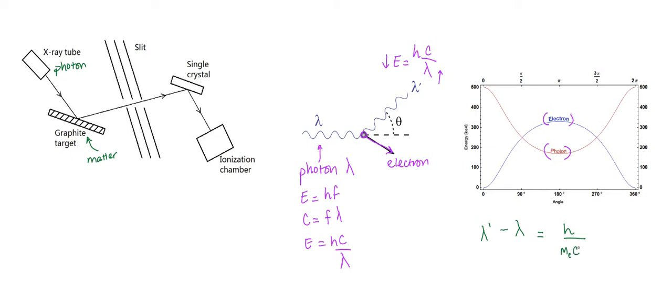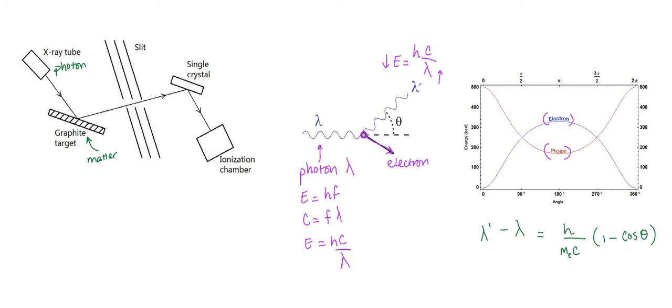Now that's just the momentum of the electron, its mass times the speed, times 1 minus the cosine of this angle. So this is just relating how much this deflects and how much energy it has can be measured by knowing the angle of the experiment.